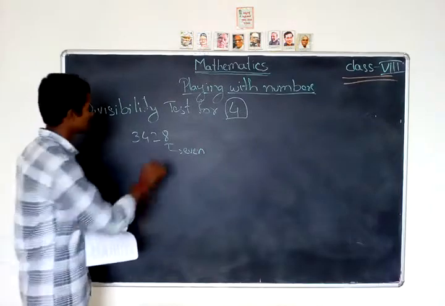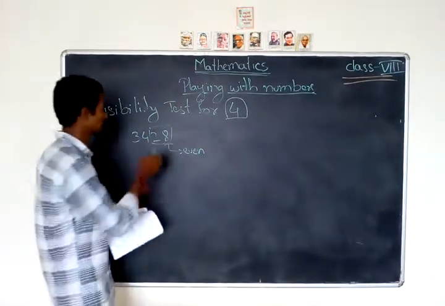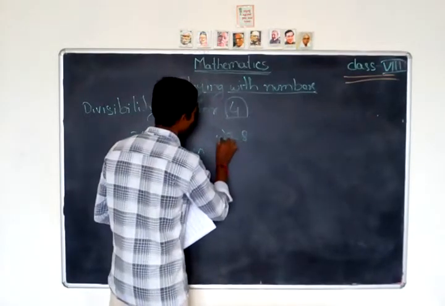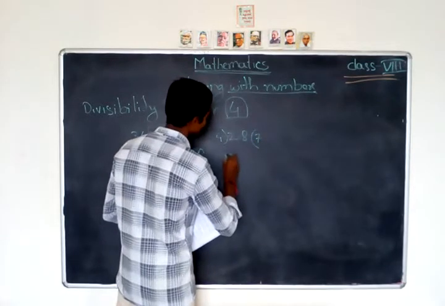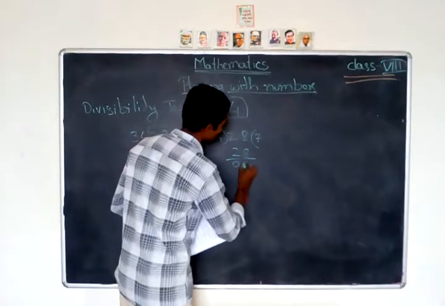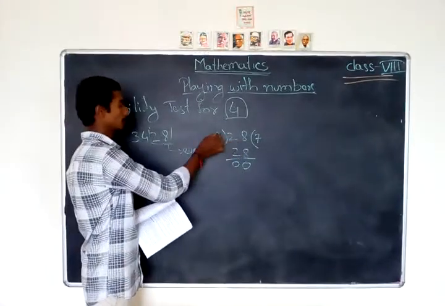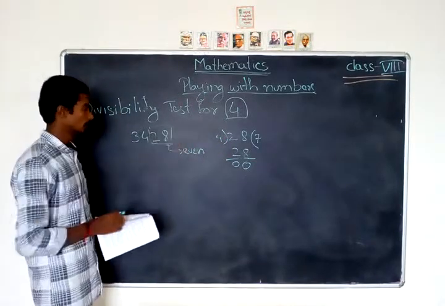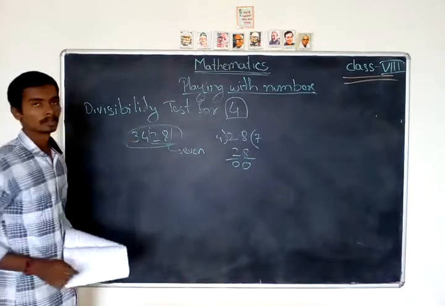And to check if the last two digits are divisible by 4. Now check. 28 divided by 4. 4 sevens are 28. Remainder is 0. Remainder 0 means 28 is divisible by 4. That is, the last two digits are divisible by 4, which means this whole number is also divisible by 4.